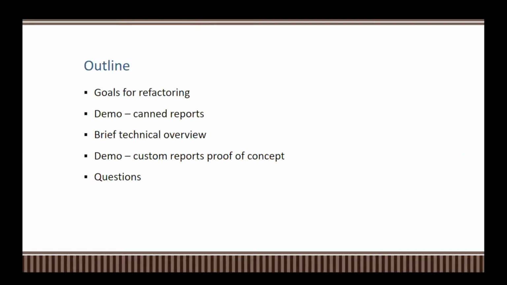And then I'll give you a brief technical overview of what I had to do from a technical perspective in order to get reports to where they are now. And then I will actually give you some insight into what we're looking towards in the future for reports.